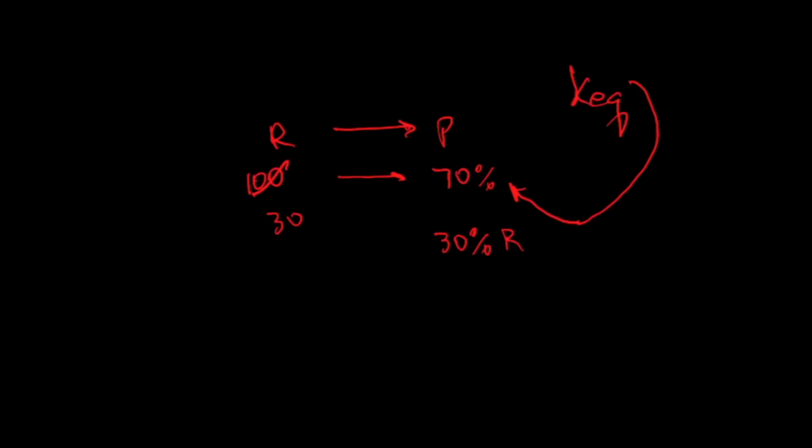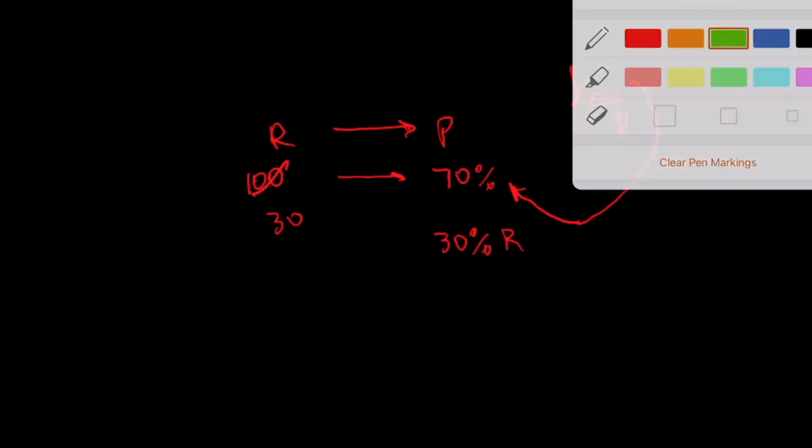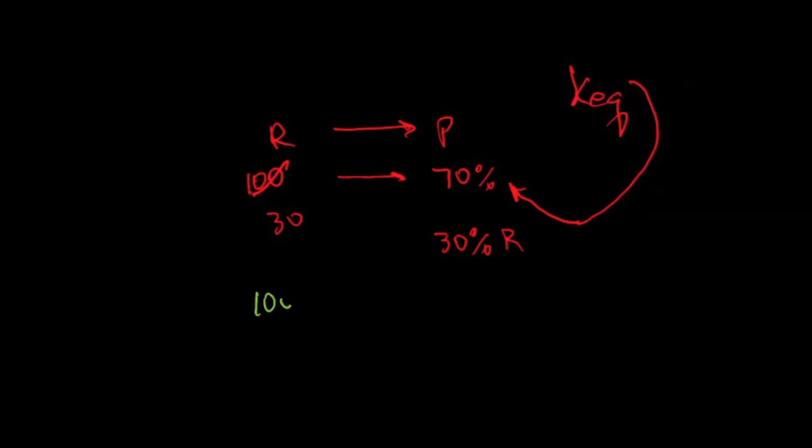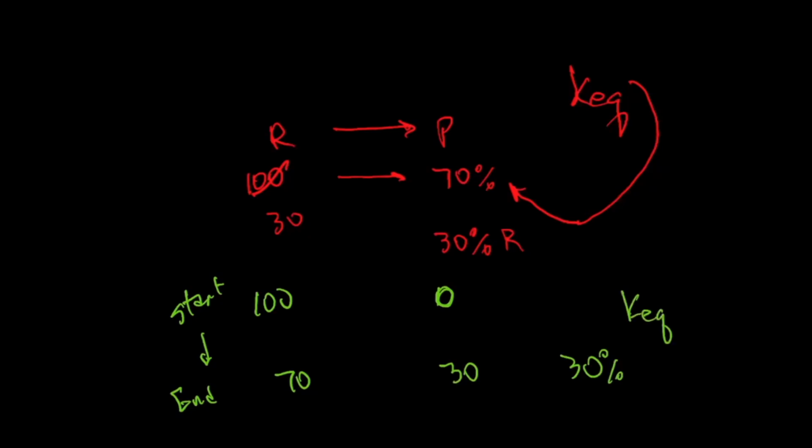Suppose we have another reaction, and let's say we have 100 here, that's your start, and 0 products, but at the end, let's say that you still have 70 here, and only 30 converts over to products. So this is a 30% efficiency. And we're going to have a K equilibrium reflecting that 30% efficiency.